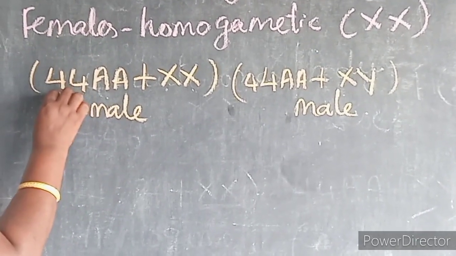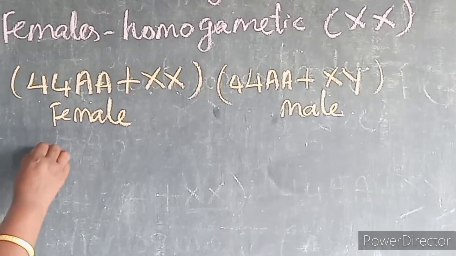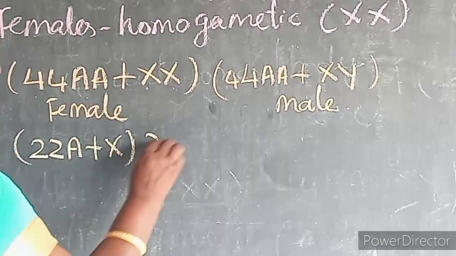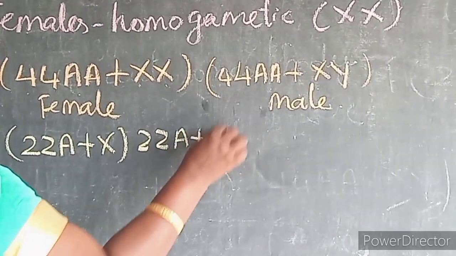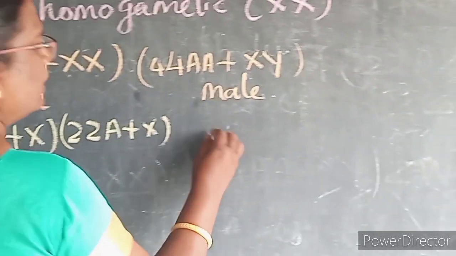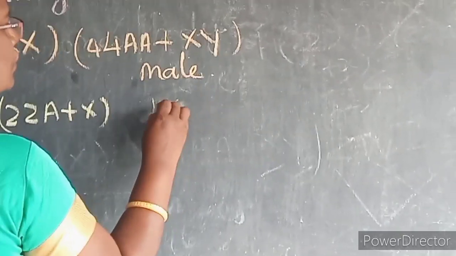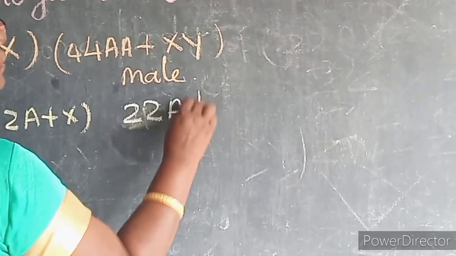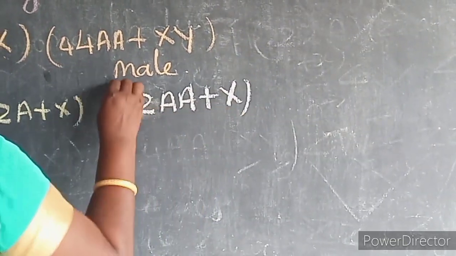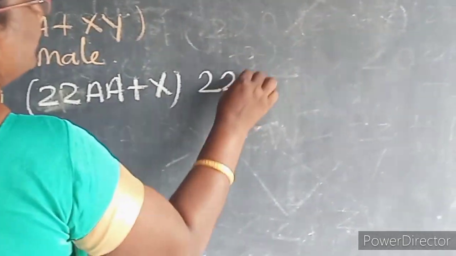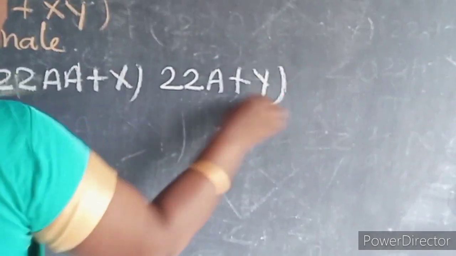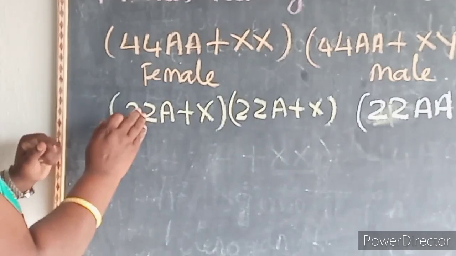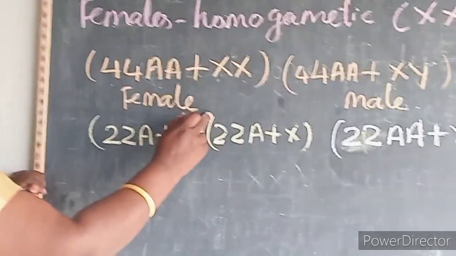For 44, இது பாதியை divide ஆகும். அப்ப என்ன வரும்? 22 autosomes plus X, then 22 autosomes plus X. Then here also 22 autosomes plus X, then 22 autosomes plus Y. So half of the chromosome from the male and half of the chromosome from the female.